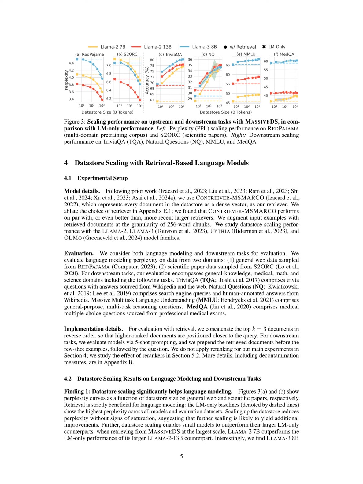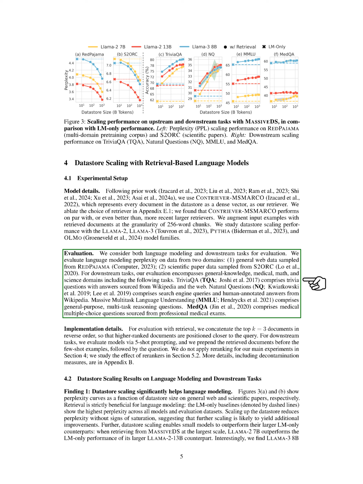We describe our efficient MASSIVEDS pipeline for studying datastore scaling, which optimizes computational resources by reordering operations to minimize redundancy, allowing us to conduct extensive experiments on a modest budget. Additionally, we outline our evaluation methods across language modeling and various downstream tasks, utilizing models like Llama 2 and Retriever-MS Marco for effective document retrieval and performance assessment.